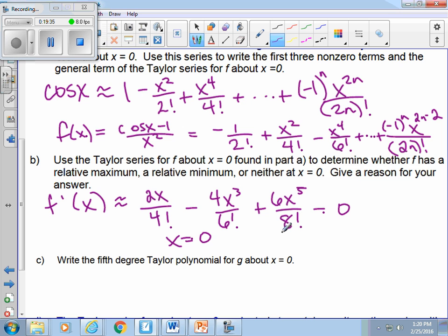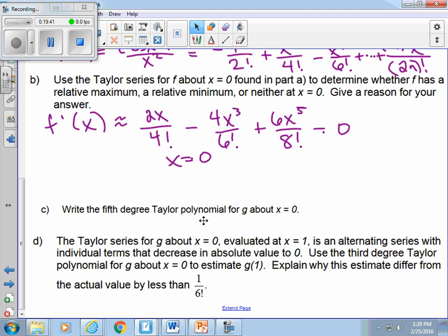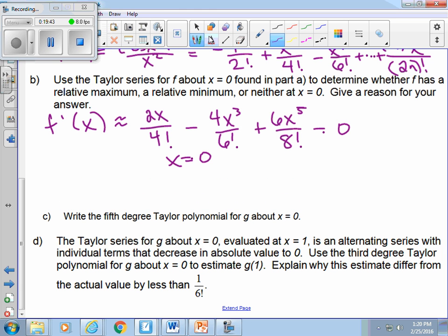So that's a first derivative. The easiest way on these Taylor polynomials is going to be a second derivative test. The second derivative is 2 over 4 factorial minus 12x squared over 6 factorial. I don't care about the rest when I plug in 0.